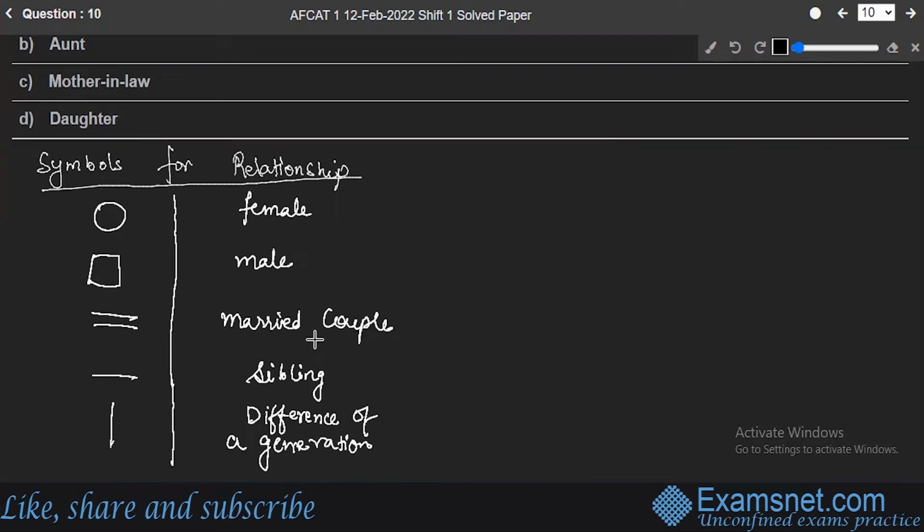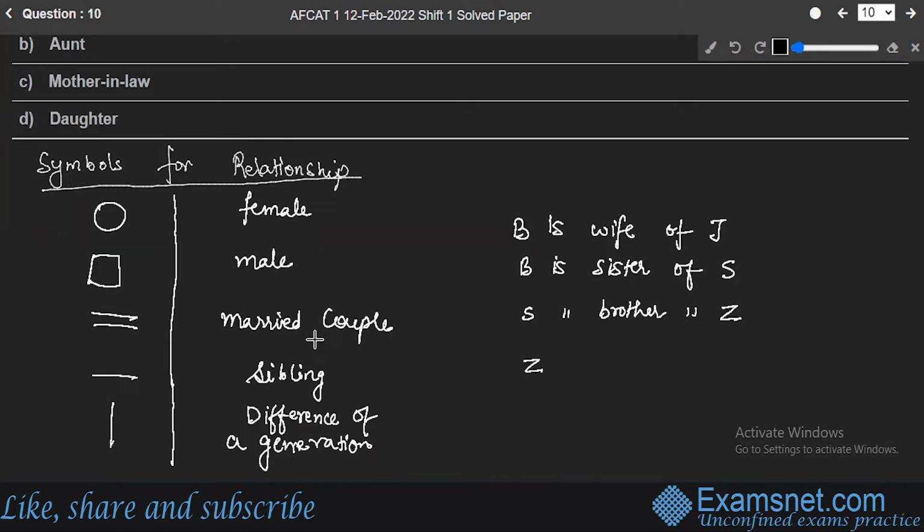Okay. So let's see from the given information. Let's write down what we have. B is wife of J, and B is sister of S, right? S is brother of Z. Z is sister of S. Obviously, this is the same thing now.